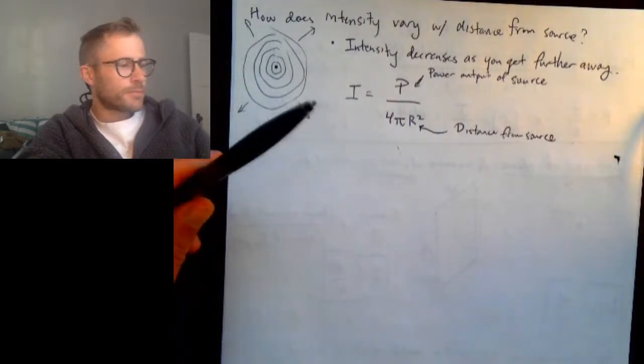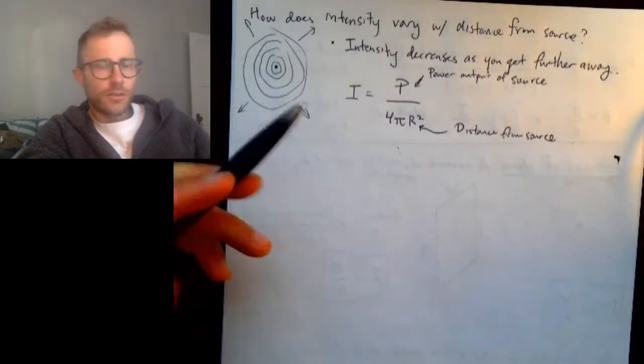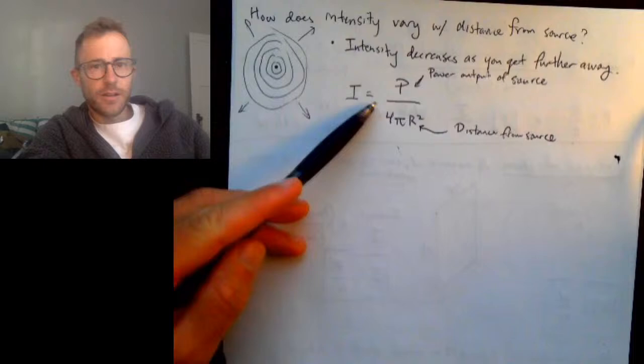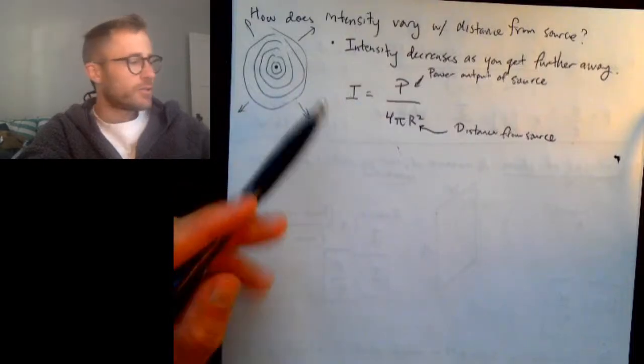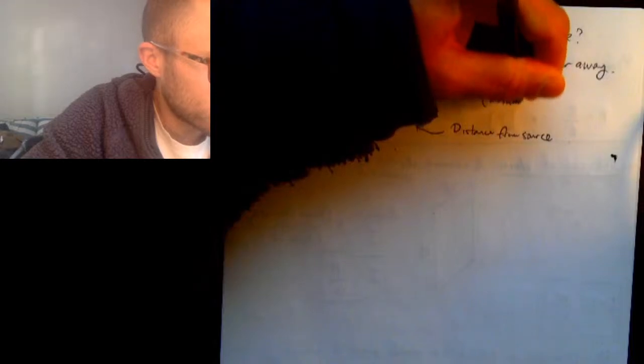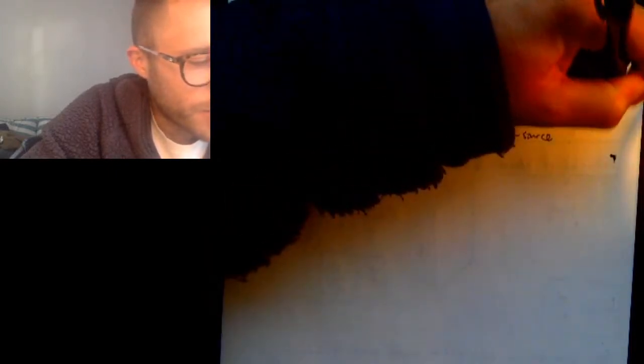Now, this is making an important assumption. It's assuming the source is, and I'm going to use a fancy physics word, which is isotropic.